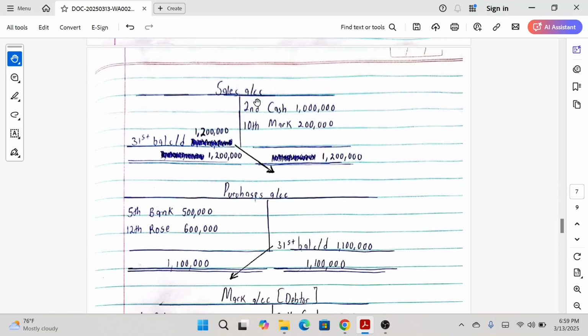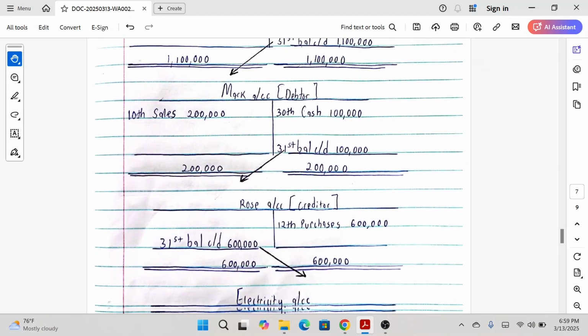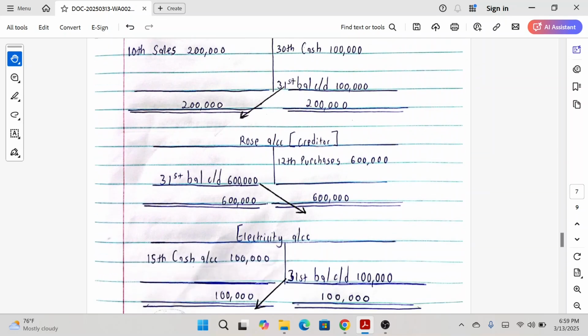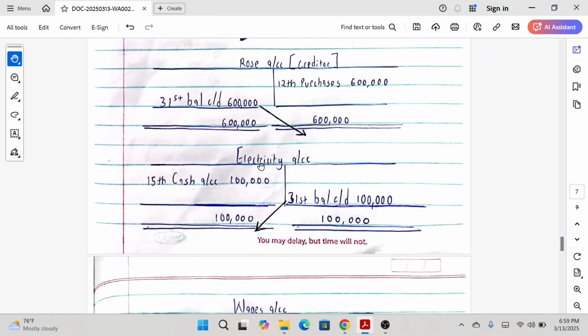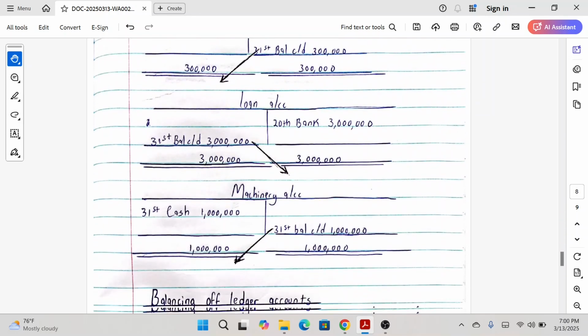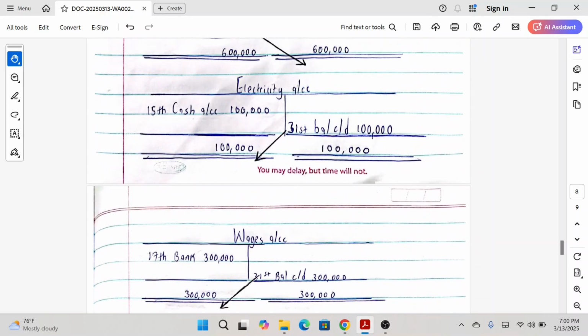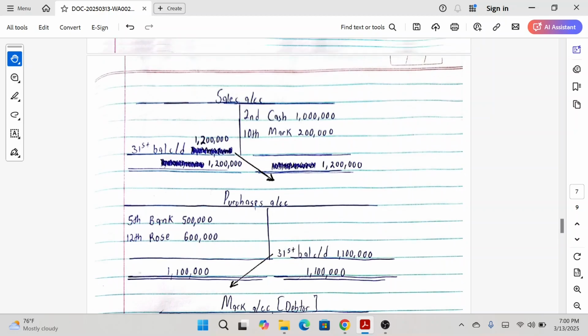We go in for sales. We go in for purchases. You go in for the debtor, that is Mark. You go in for the creditor, that is Rose. You go in for the electricity. You go in for wages and also loan. Then finally machinery. Having drawn them, those are 12 T accounts.